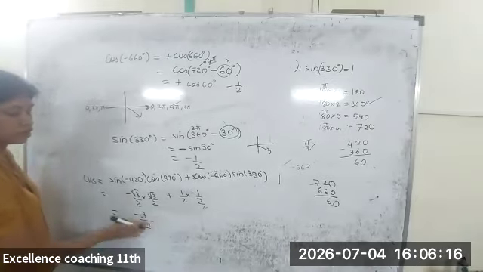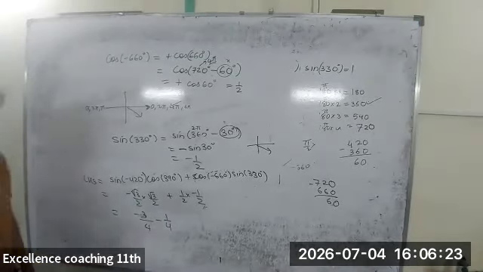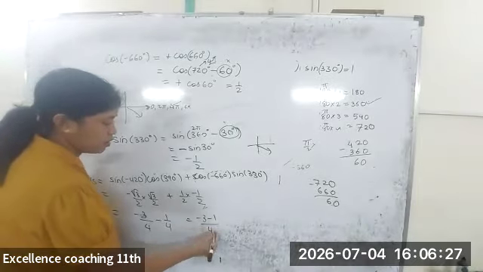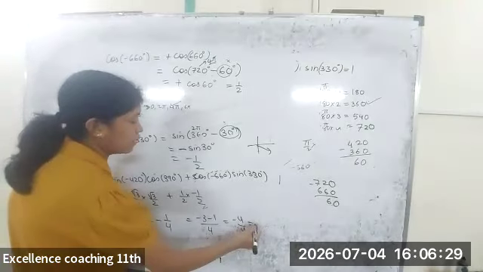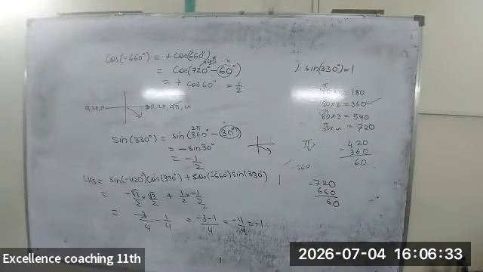Oh, sorry, common it will be. -1/4. My base is common, so -3 -1 upon 4. So -4 upon 4, -1. So just correct in the question on the notes, it should be -1. Prove that it is equal to -1.